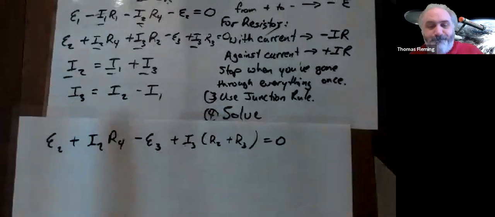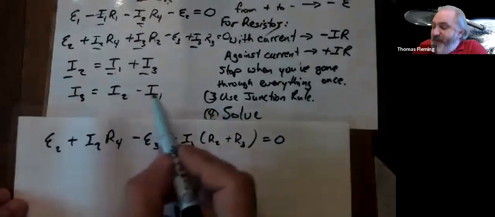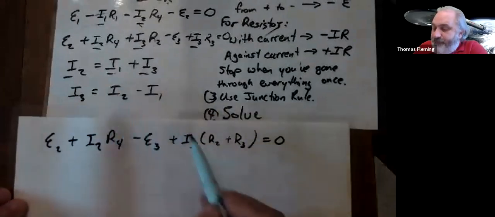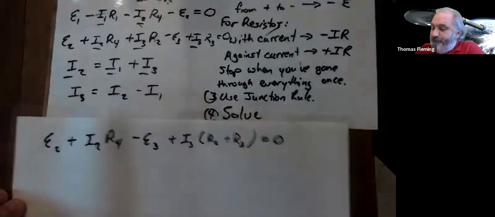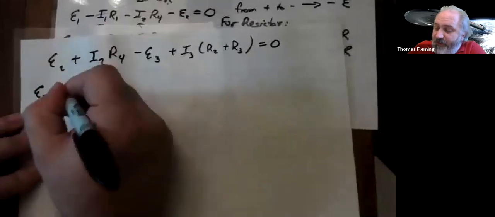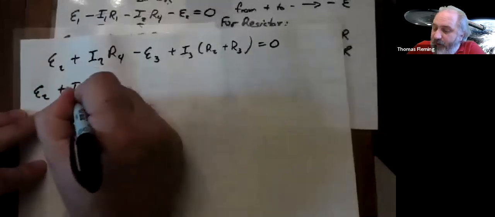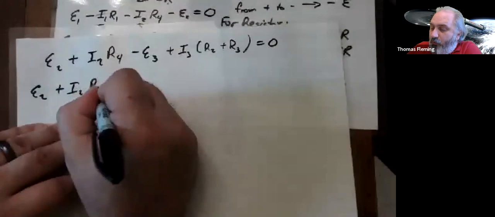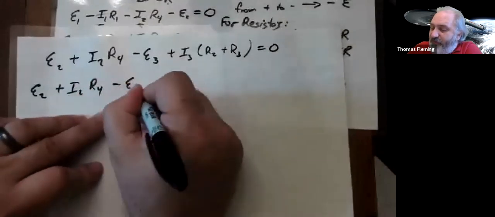So far, so good? So let's take I3 and make it be this. Let's plug this expression into that equation. So now I'm going to have EMF2, that's the same, plus I2 R4, minus EMF3, that's the same.